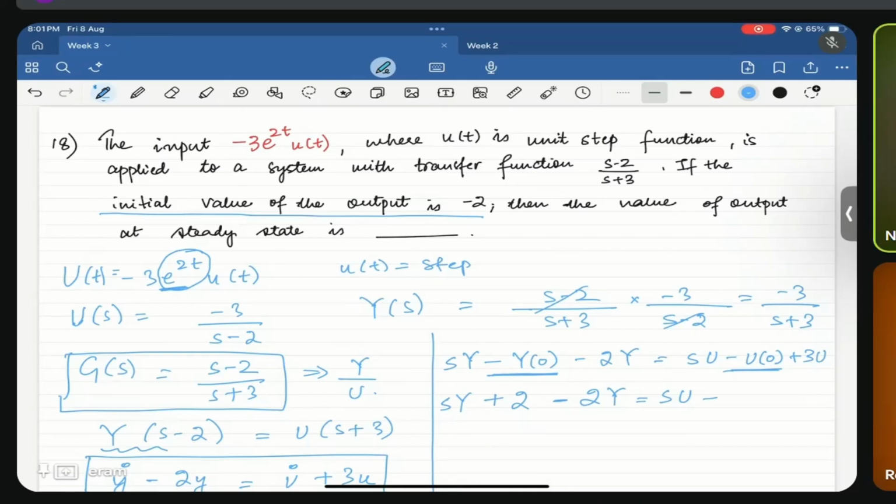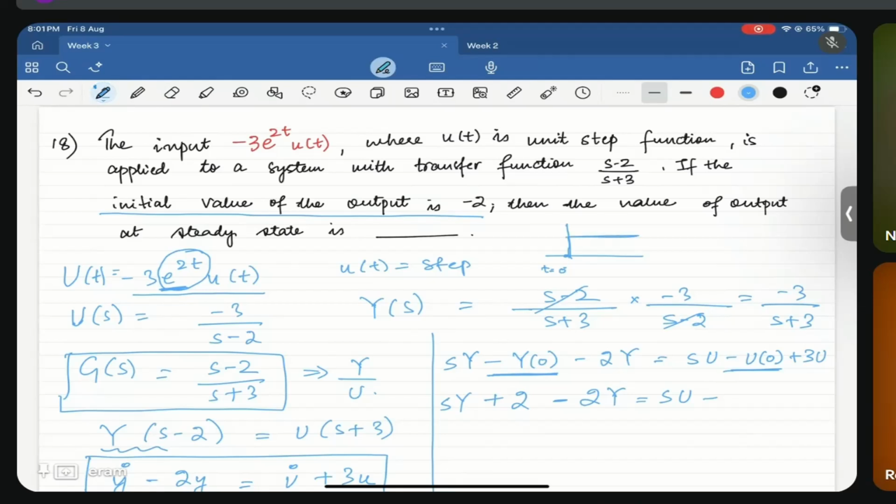Is it 0 or is it -3? So here is the input, right? How is u(t) defined? Step input is defined as 0 just before 0, but at 0 it becomes 1.